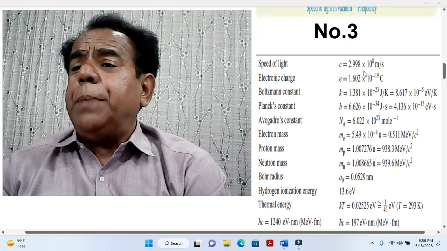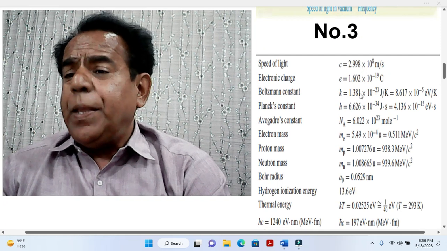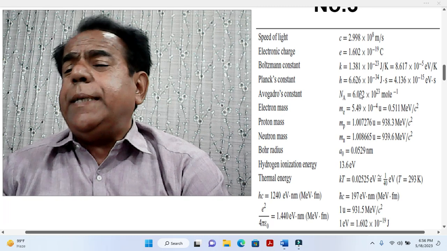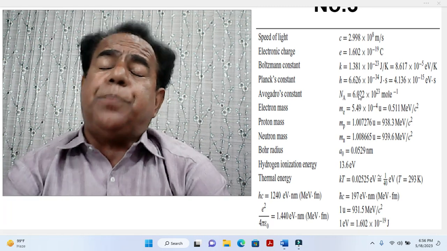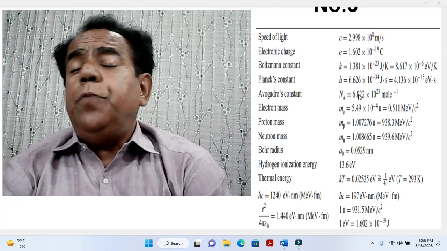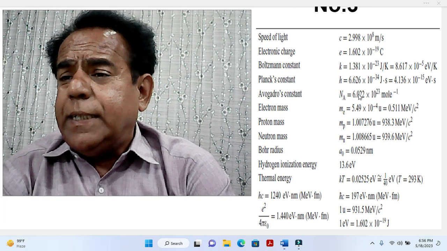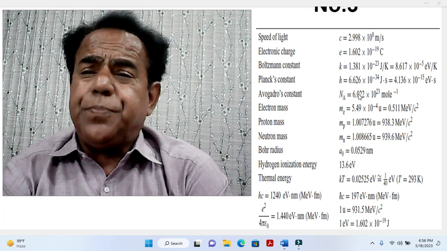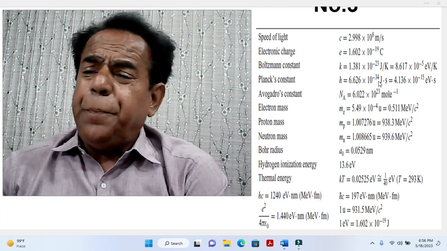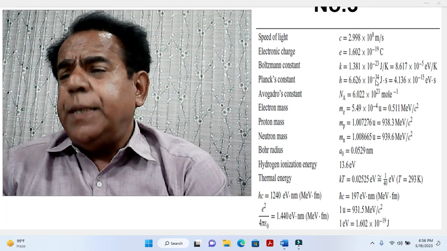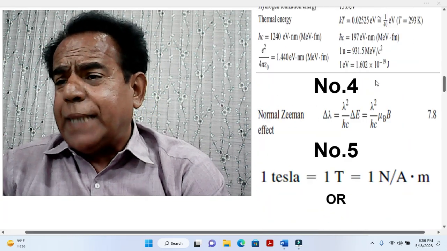Next, tool number 3. This is also a table, and this table has also been used so many times in our previous problems that we do not need to discuss it in detail. So we also skip the detail of this tool. Next, tool number 4.